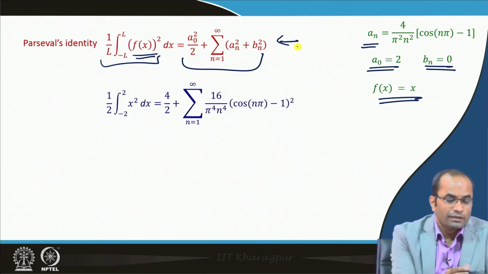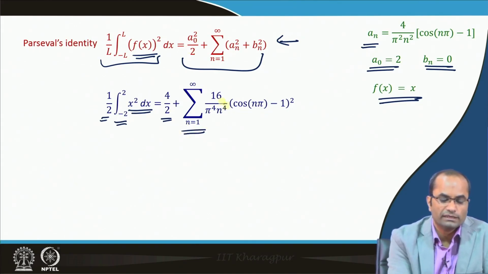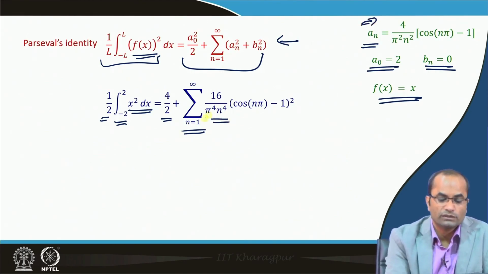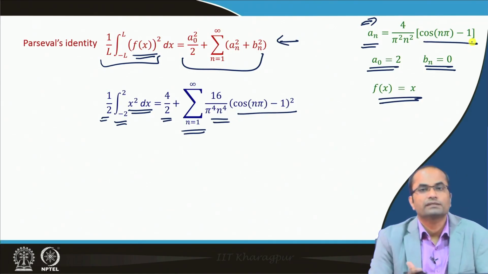So, 1 over 2, integral from minus 2 to 2 of x square dx. On the right hand side we have a naught square, so 4 by 2, and then the summation from 1 to infinity, and we have an square, that is 16 over pi square n to the 4, times (cos n pi minus 1) square, and the bn squares are 0.